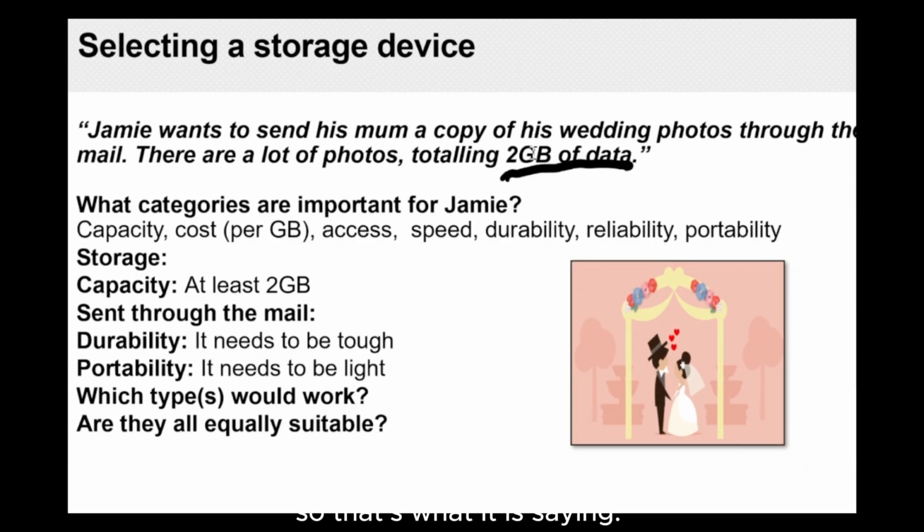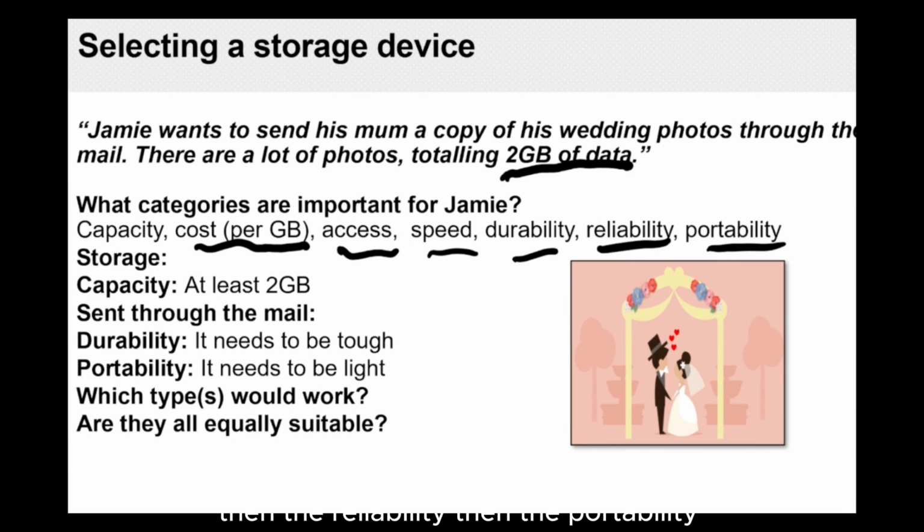So the capacity, what the photographs total, is 2 gigabytes. So what do you need to look at? You need to look at its cost first, per gigabyte. Then, first of all, you have to look at the capacity, because that's what it is saying, 2 gigabytes. Then the cost, then the access, then the speed, then the durability, then the reliability, then the portability.